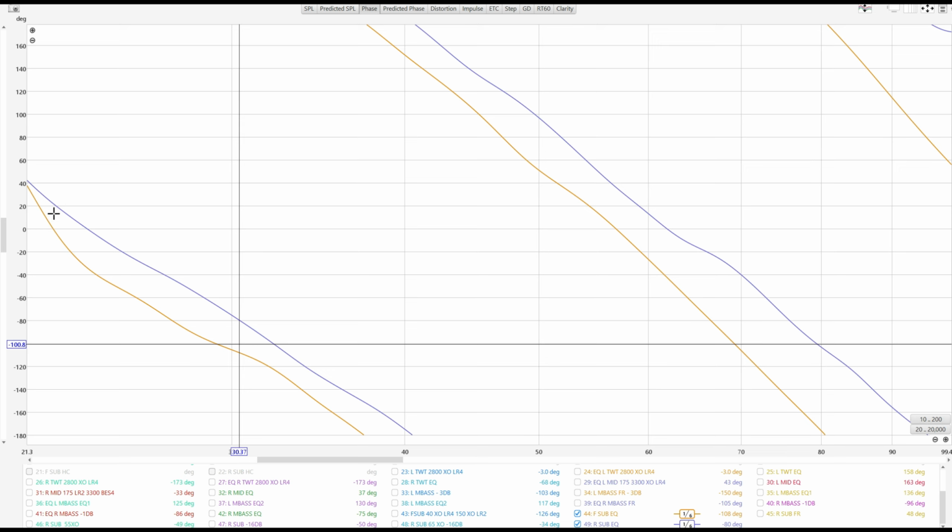And what we want is these two lines to be at a minimum within 60 degrees of phase of each other, and I will explain in a moment why that's important. I'm not going to take you through how to get these lines all lined up. That's part of our phase alignment tutorial, which is coming up shortly. But I just want to take you through and explain what you're actually looking at in the phase graph.